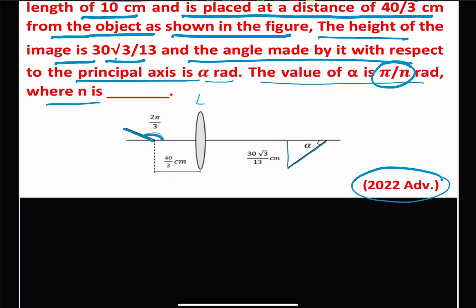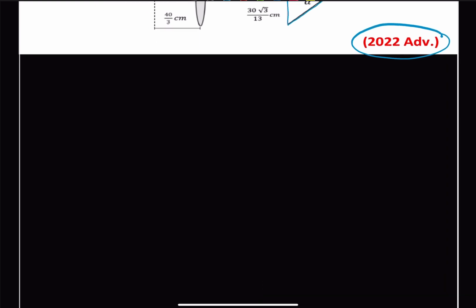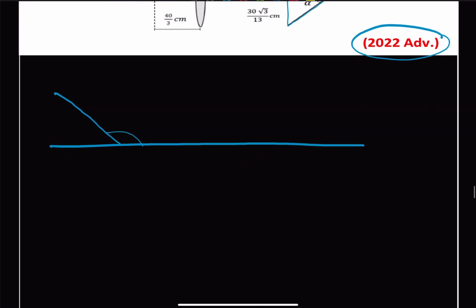In this case, let us redraw this figure. This is your principal axis. So we have an object, and this angle is given to us as 2 pi by 3. So we can find out the other angle.